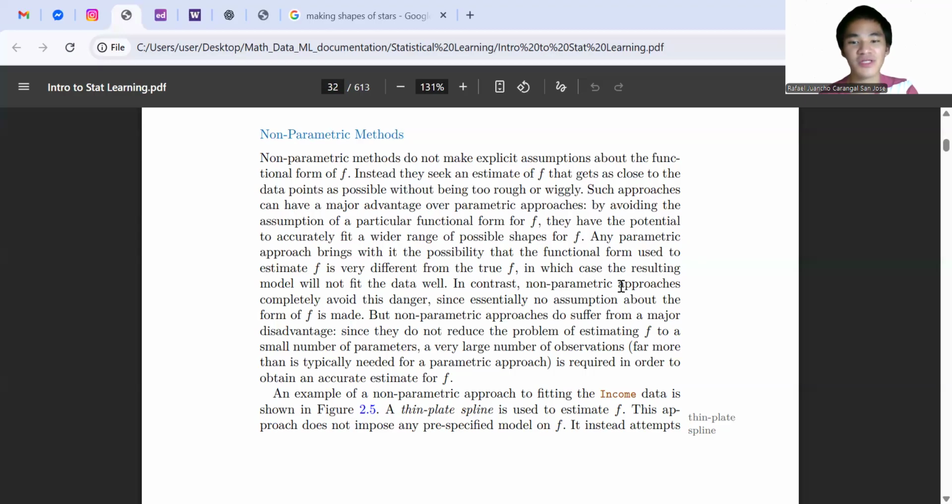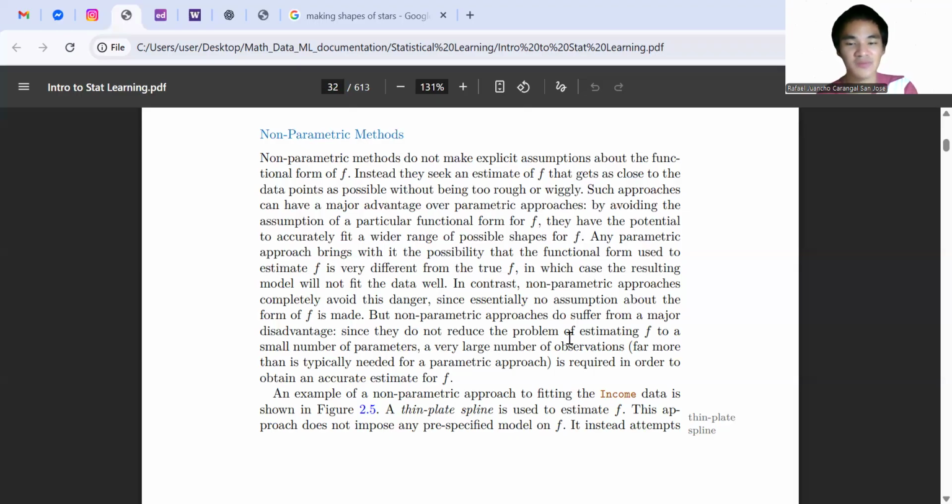However, when we're using non-parametric approaches, surprisingly, it completely avoids this danger because we don't assume anything about the shape of the data. No assumptions made. However, here's the caveat. Non-parametric approaches do suffer from a major disadvantage: they do not reduce the problem of estimating f to a small number of parameters.